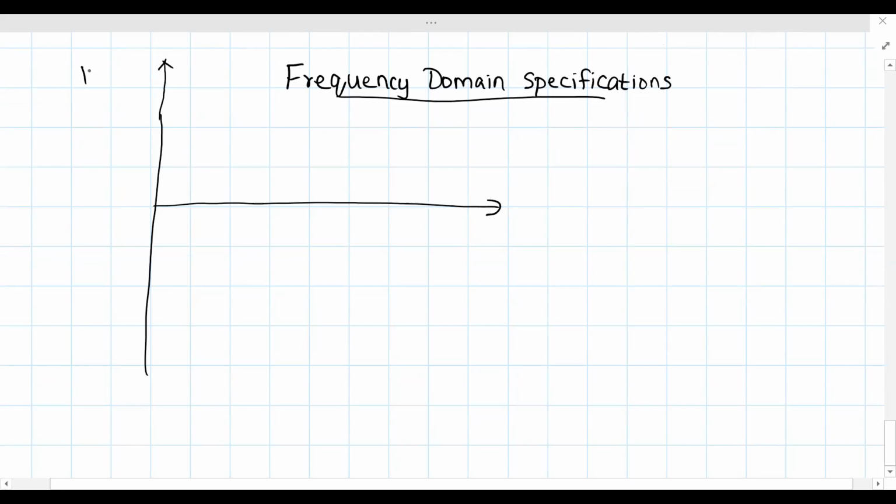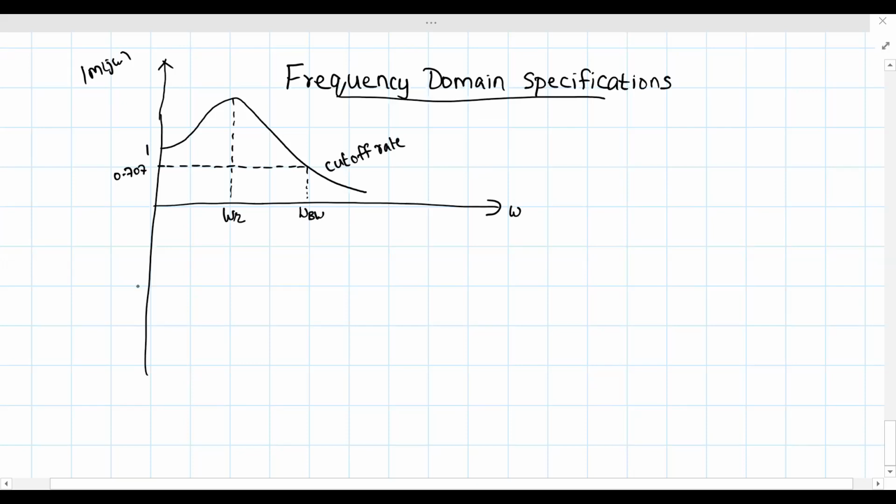So this is mod M(j omega). It starts from here, 1. This is the peak point at omega r. This is the omega axis. Then here is say 0.707. This frequency is called omega BW, the bandwidth. And the slope at high frequencies is called the cutoff rate.